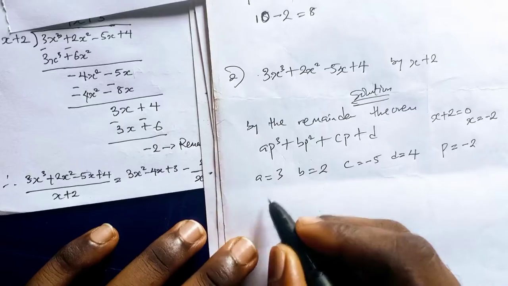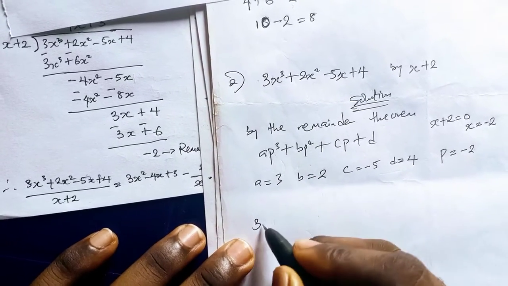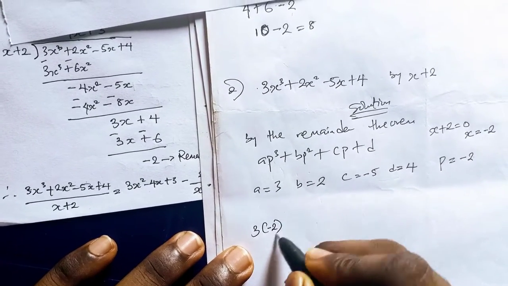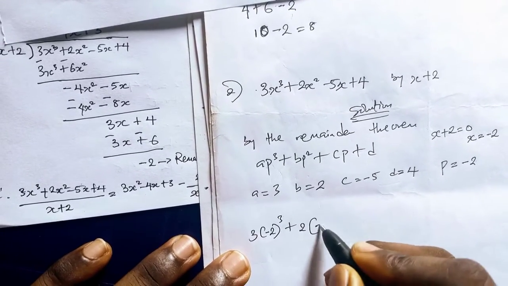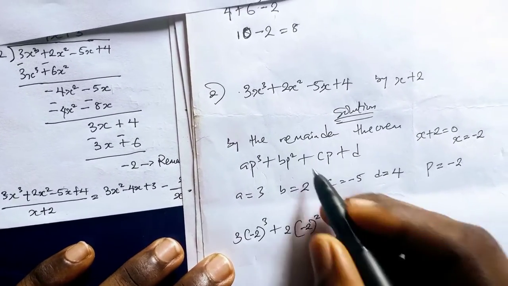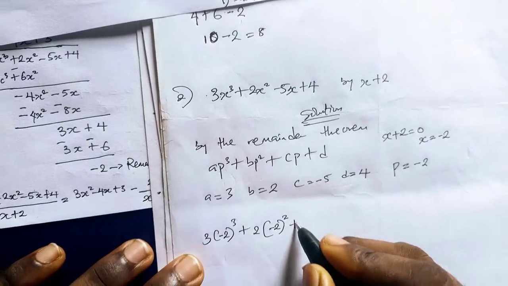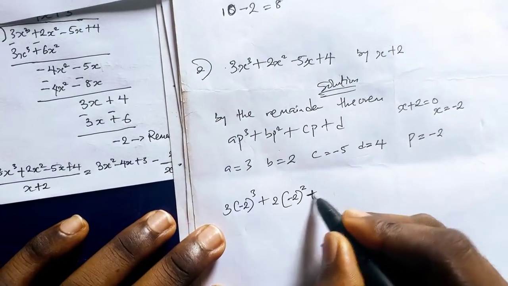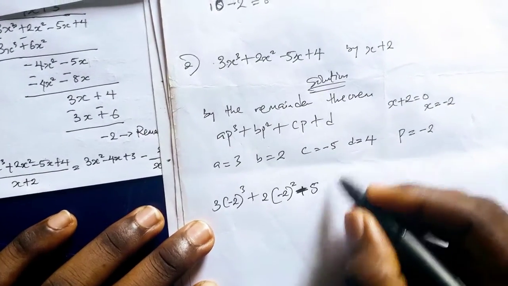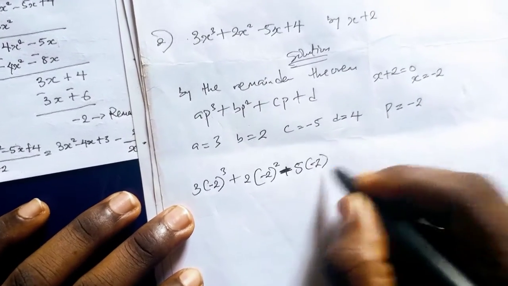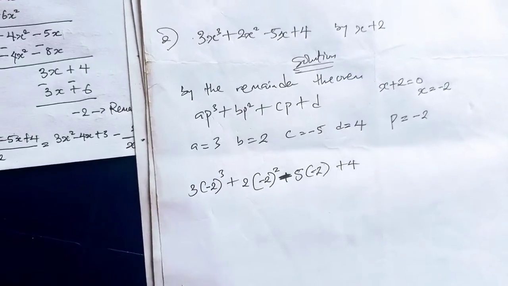Then applying this, we have 3 negative 2 cube plus 2 negative 2 square minus c, which is 5 negative 2 plus 4.